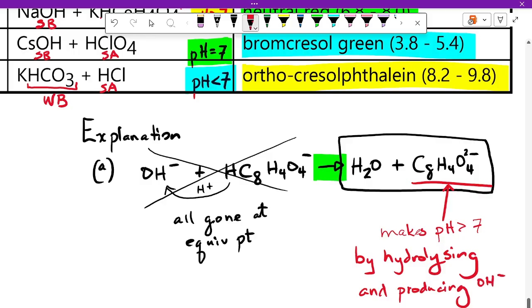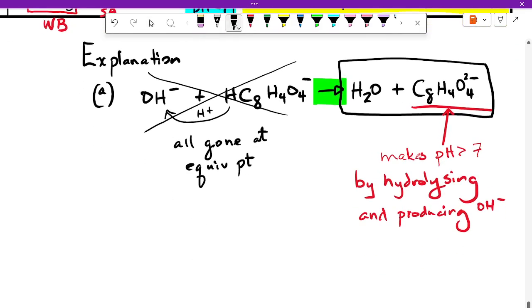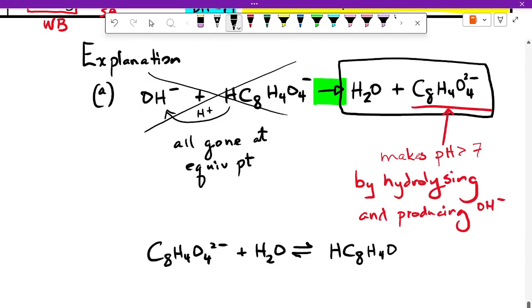We could write that equation: C8H4O4 2 minus plus water. Is this a one-way arrow or a two-way arrow? This is a two-way arrow, and we end up with HC8H4O4 minus plus OH minus.